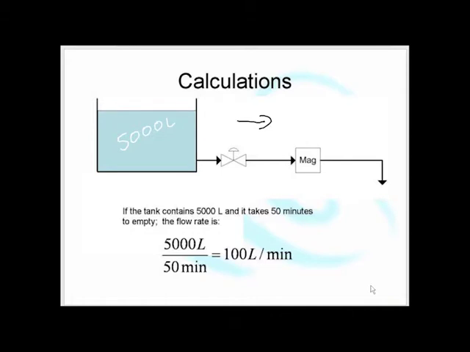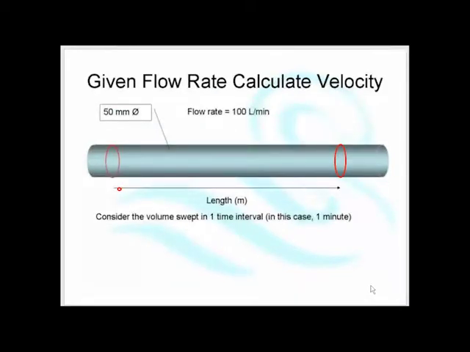Right, so the calculations here. Had I spoken to you about these calculations? Right. If we've got 5,000 litres and it took 50 minutes, then it's running at 100 litres a minute. It's an easy calculation, and I hope you all get it correct in the test. Next step is another calculation.